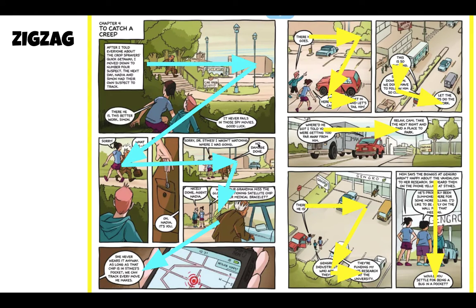I'm also making sure that I'm reading the panels from left to right. I start with the panel, I go down to the left, all the way to the right, now down to the left, and all the way to the right.